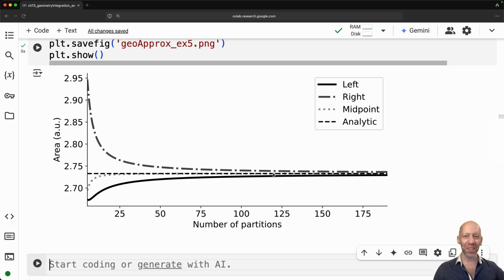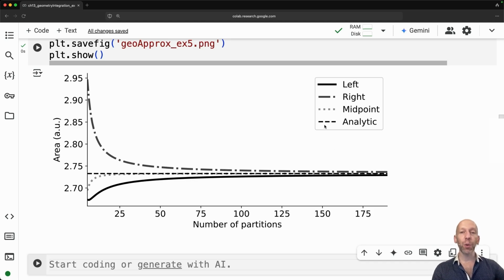It's not always going to happen after 121 partitions. Sometimes it'll take more partitions, sometimes less. If the function is linear or only has a few nonlinearities, then you might only need like 3 partitions to get a really, really good approximation. But in general, you will always see that as the number of partitions increases, the estimations become increasingly accurate.